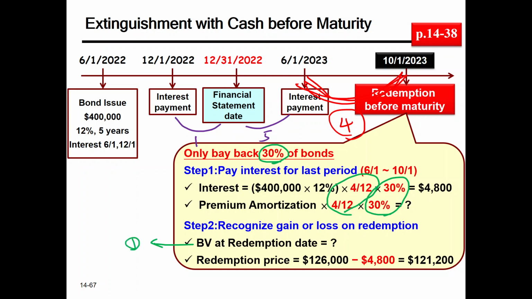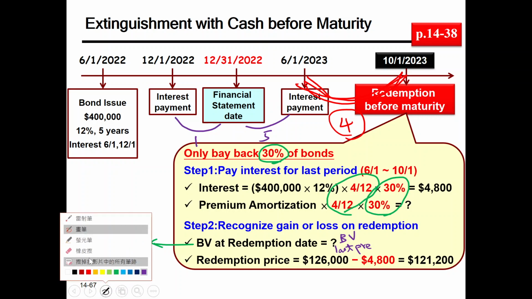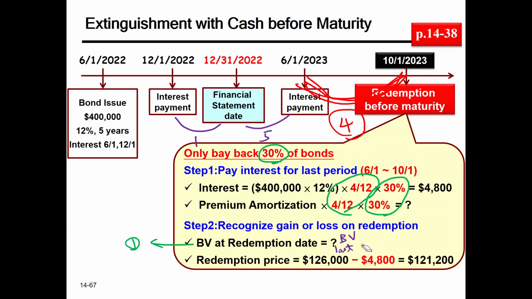So how? Based on last period, plus you do some premium amortization today, right? So how to get the number is based on last period book value, last period premium amortization. So it should decrease what?